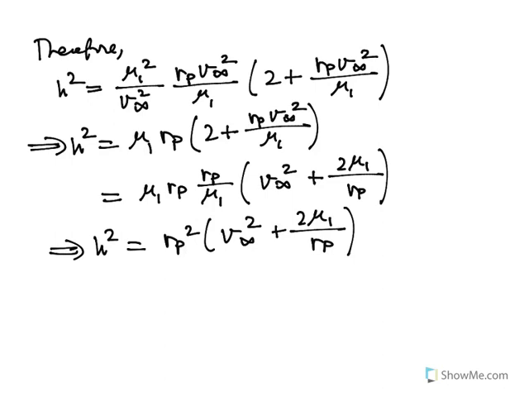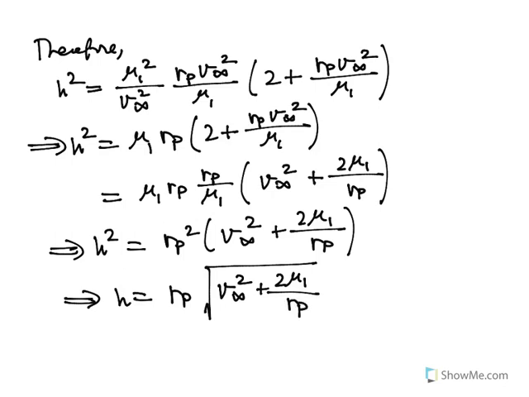So now we have an expression for h squared, which means that h, because it has to be positive, is going to be RP times the square root of v infinity squared plus 2 mu1 all divided by RP. So now we have an expression for the specific angular momentum.